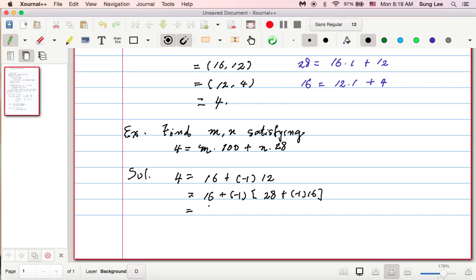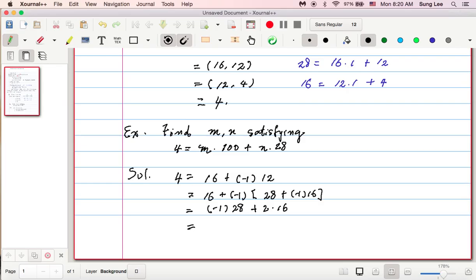This equals negative 1 times 28 plus 2 times 16. By now you will see where we are heading.